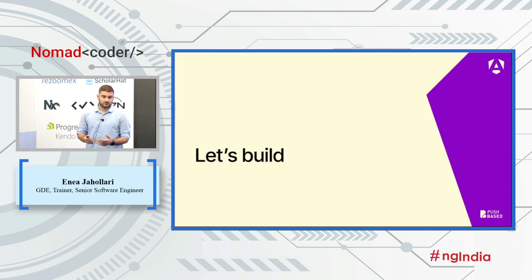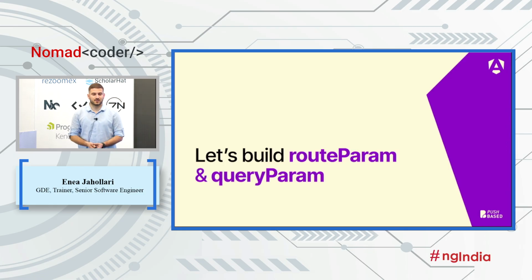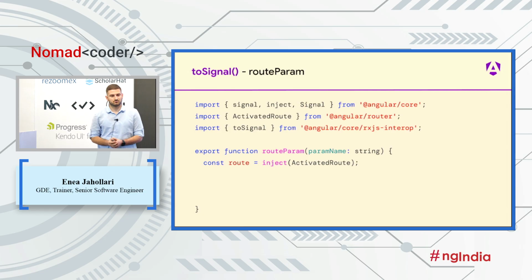Let's build something out of it. Let's build a route param and query param that are signals. And in order to get that, we use most of the time ActivatedRoute. We say inject ActivatedRoute, do getParams, subscribe, from params get one of those keys. So let's say we have a function.